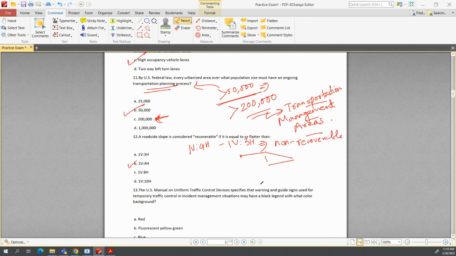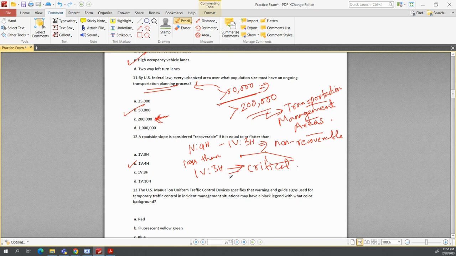And in my PTOE exam, it came like, what is a critical slope? If it is steeper than 1 vertical to 3 horizontal, that is critical. So you also have to remember all of this. If it is equal to or flatter than 1 vertical to 4 horizontal, that is recoverable. But if it is between these two, it is non-recoverable.